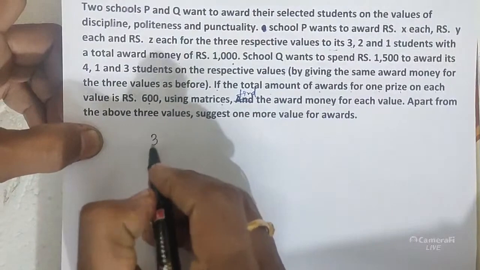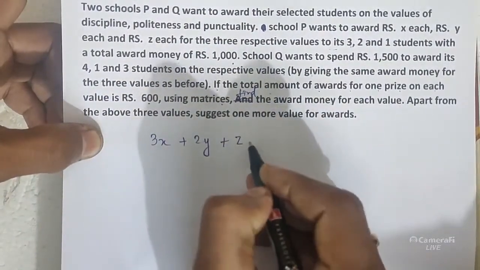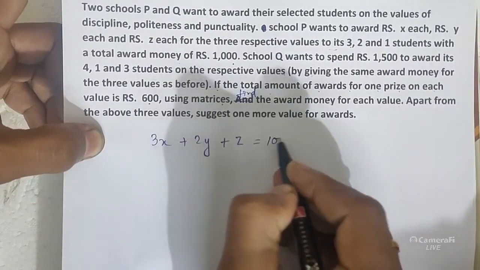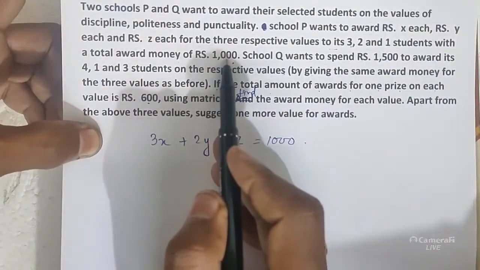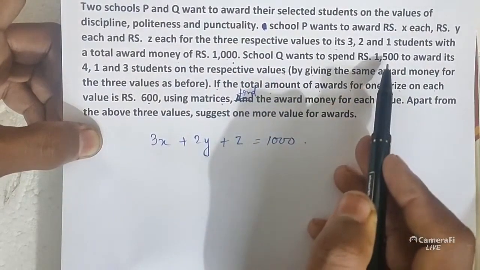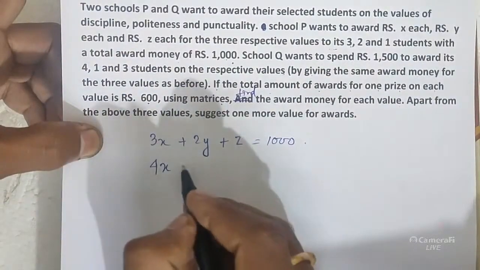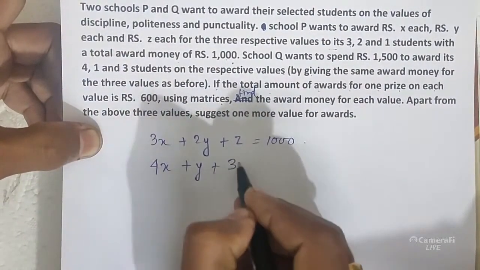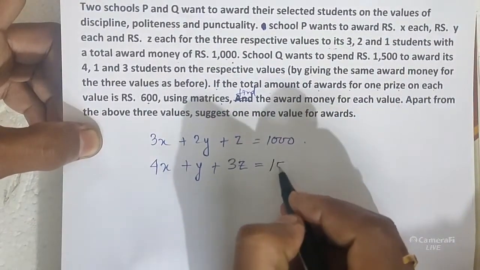So we can write 3x plus 2y plus z equals 1000 rupees we have given. Similarly, the other school has given to 4 students, 4x plus y plus 3z equals 1500.